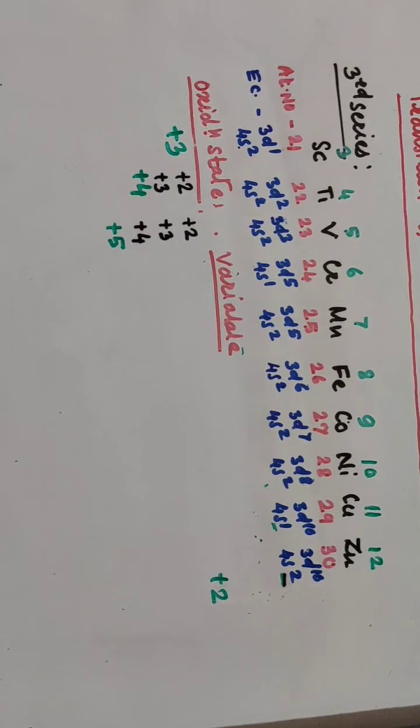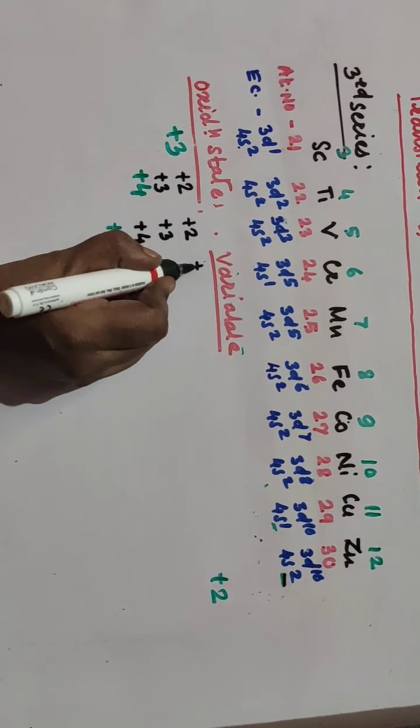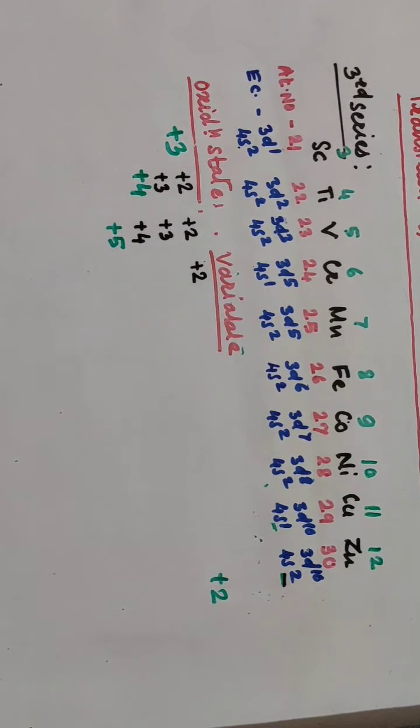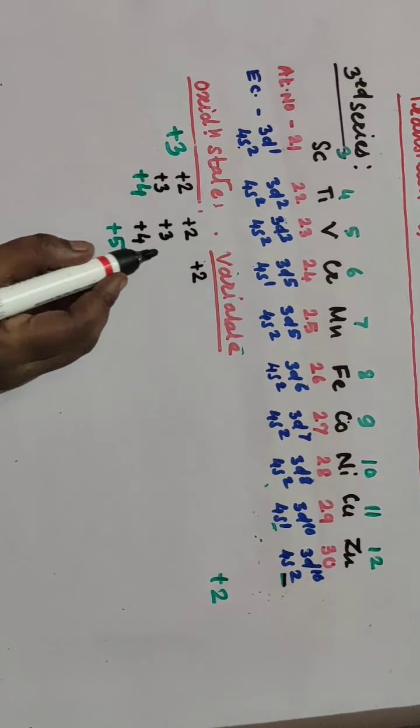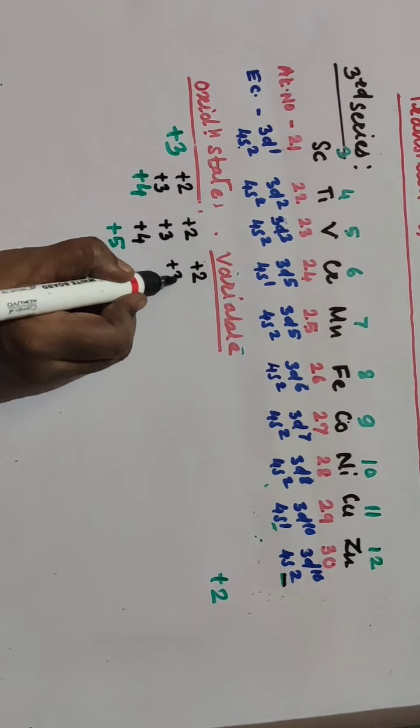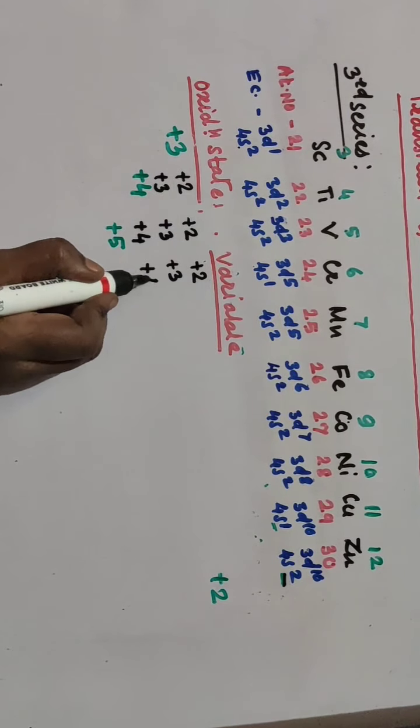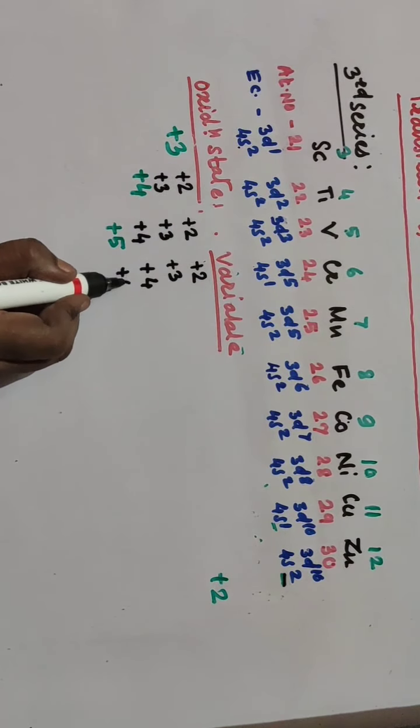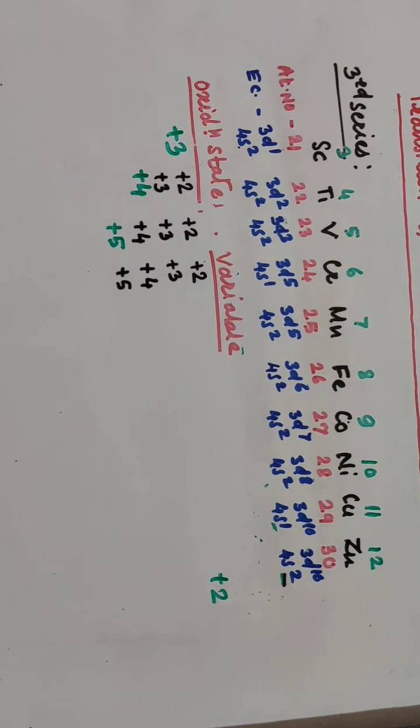What about chromium now? 6 electrons are there, 6 unpaired electrons are there, so it can show from +2. So in case of chromium, the oxidation state ranges from +2, also +3, then +4, then +5, and also it can show +6 oxidation state.